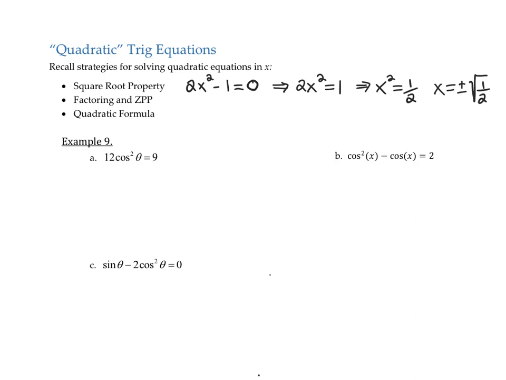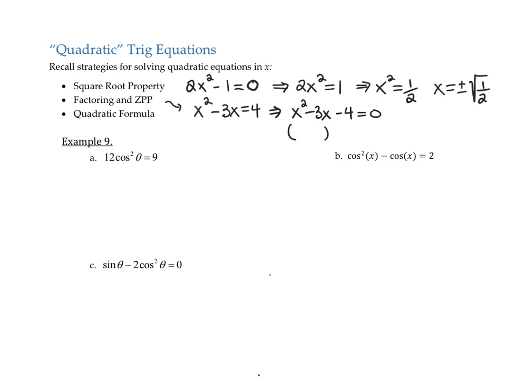Factoring and the zero product principle is when we have something like x squared subtract 3x subtract 4. Actually, let's make it equal to 4. When we see both an x squared term and an x term, our general strategy is going to be to get everything on one side, 0 on the other. So x squared subtract 3x subtract 4 equals 0.